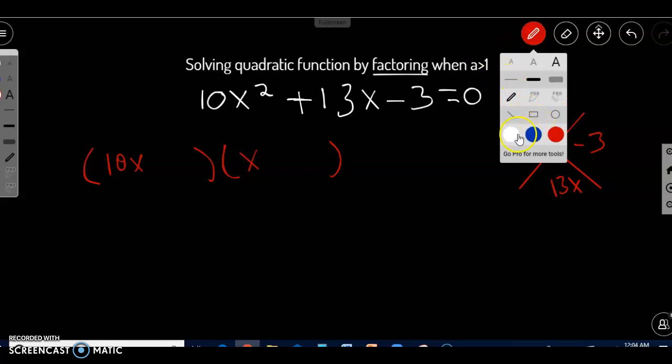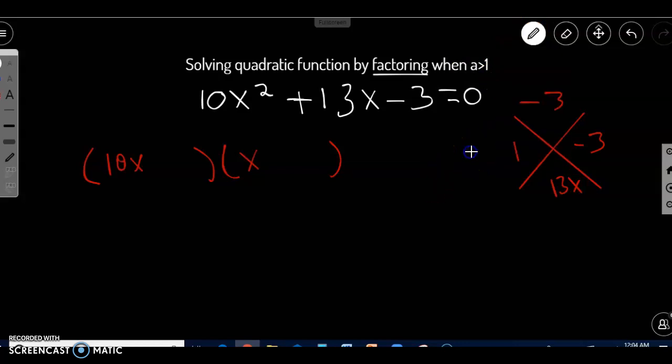But remember, we have to have our 10x and our x somewhere here. So we multiply this to this, we get 10. We multiply this to this, we get -3. When we add it together, we are no near 13, so it doesn't work.